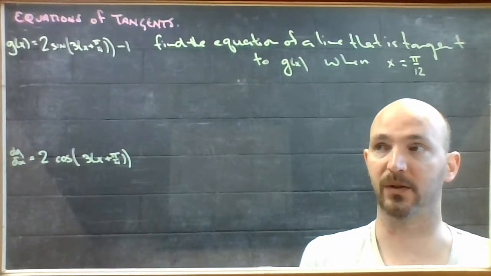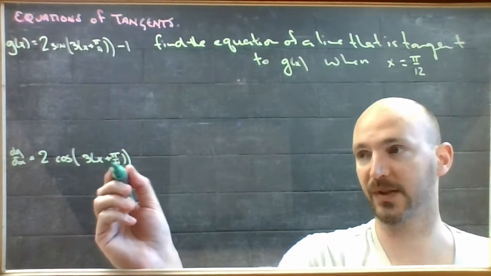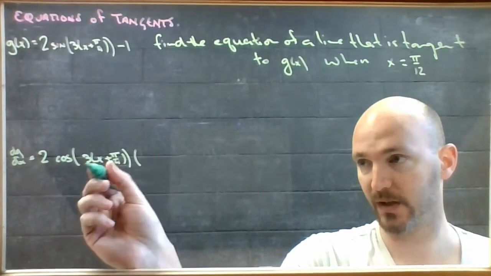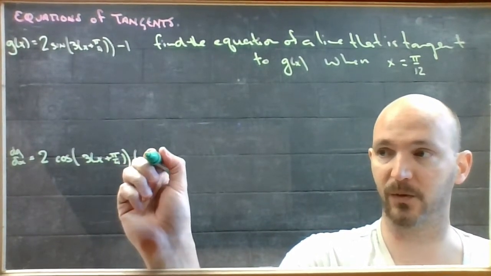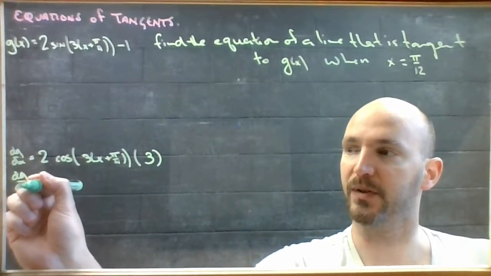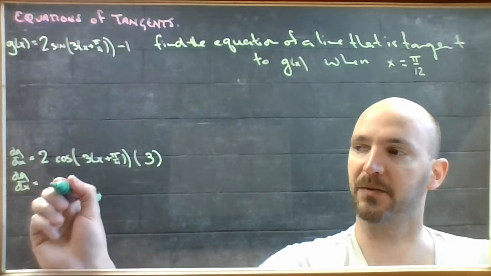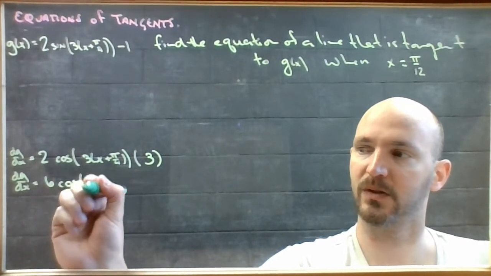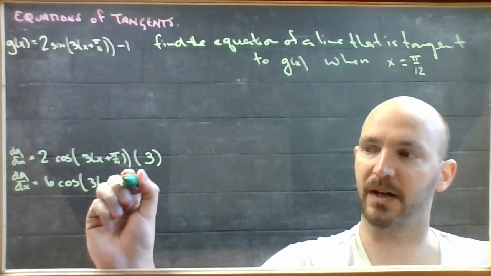Derivative of negative 1 goes away. This is a chain rule, so I have to finish with the derivative of 3x plus pi over 4, which is just 3. So my derivative is 2 times 3 is 6 cos of 3x plus pi over 4.